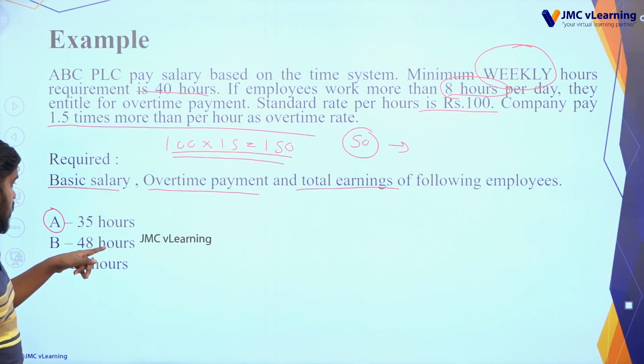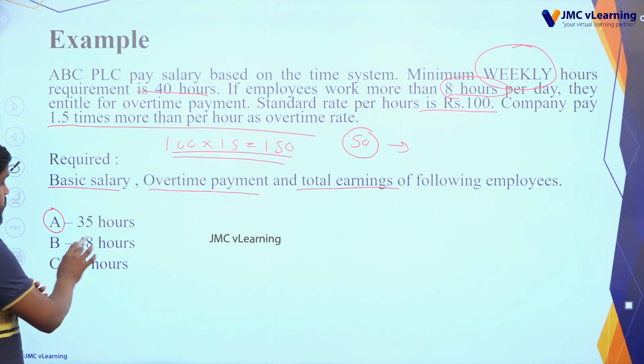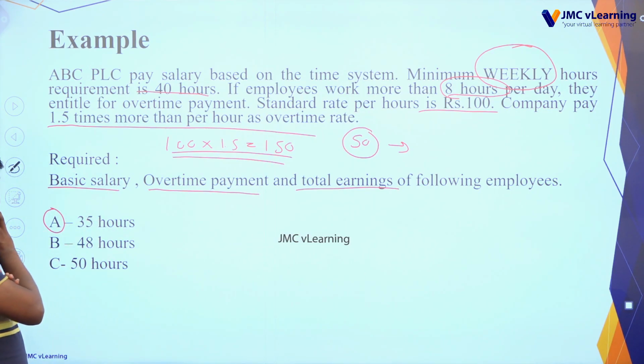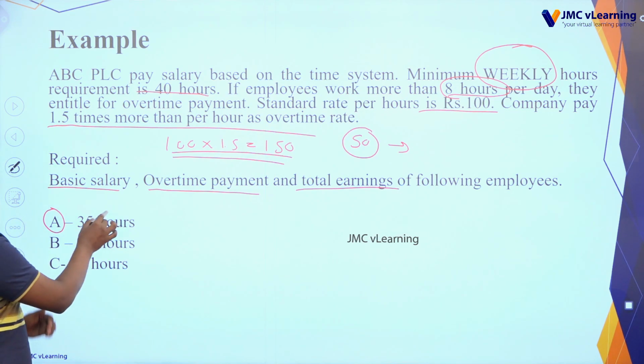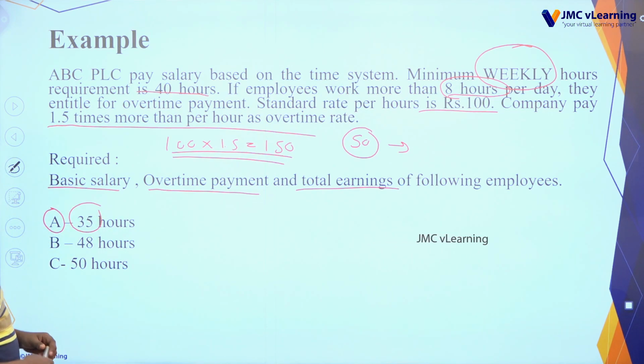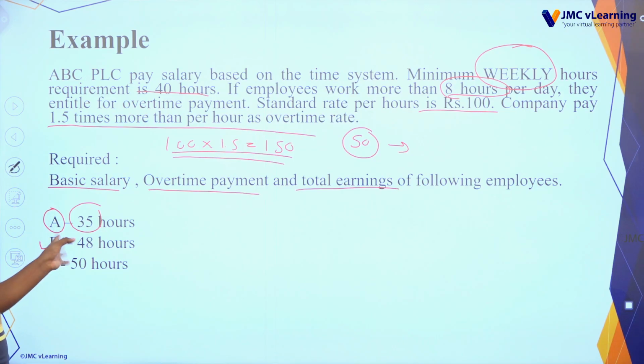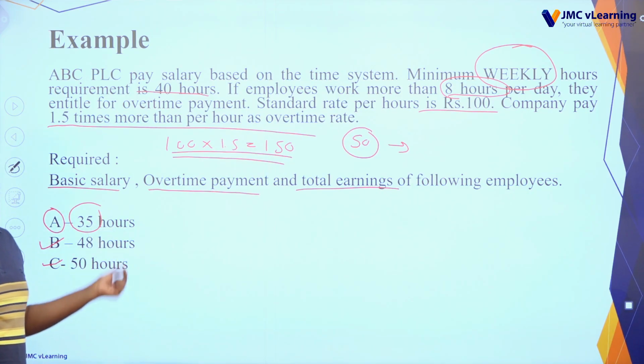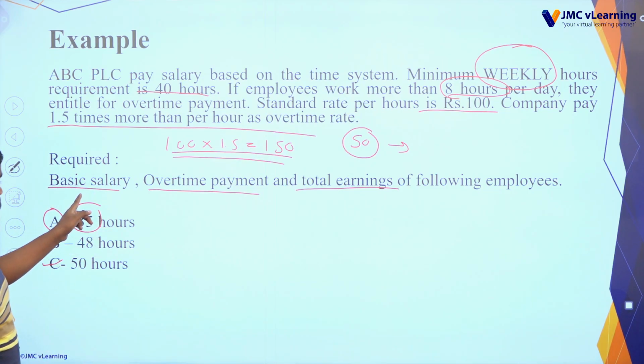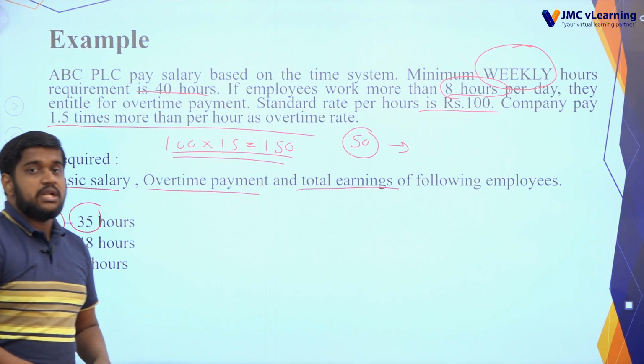That means A doesn't entitle for overtime payment. Then B, 48 hours. That means B is entitled for overtime payment, and C, 50. That means more than 40 hours. Therefore, C is also entitled for the overtime payment. Then we need to calculate what? Basic salary, overtime payment, and total earnings.